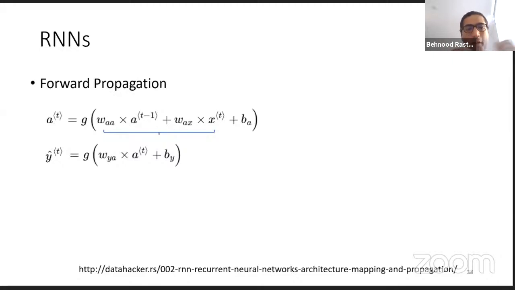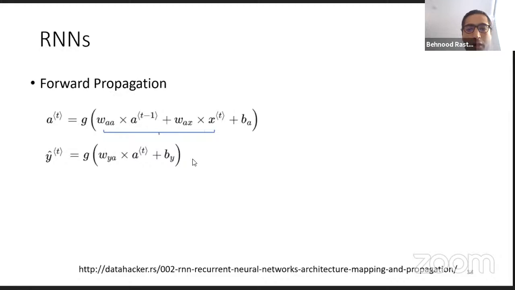You get parameter A, and then if you multiply A with WYA plus the bias, so the weights and bias between the hidden layer and the output, and then apply an activation function, you get the output. So this is forward propagation for RNN.